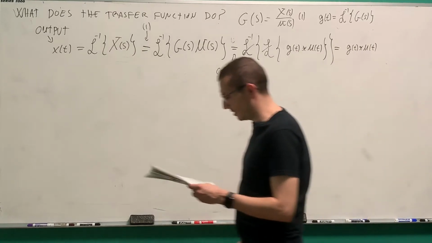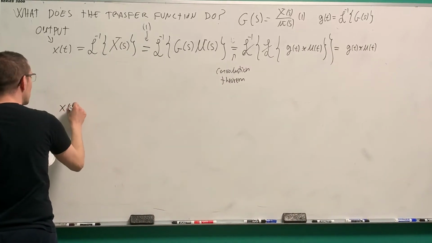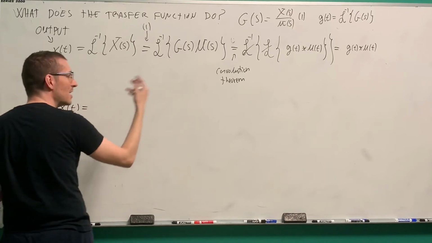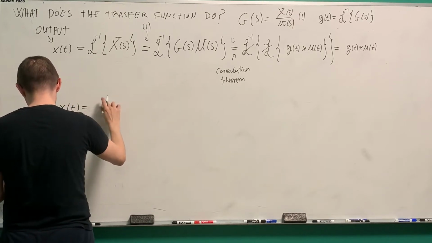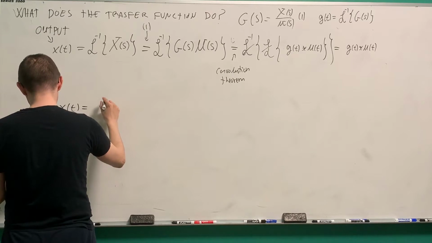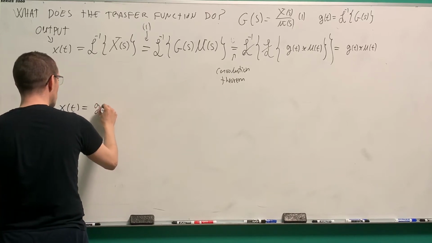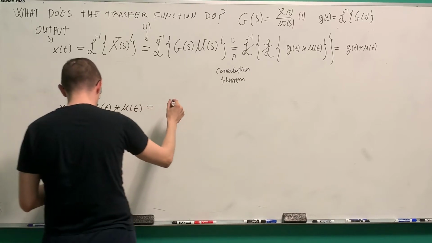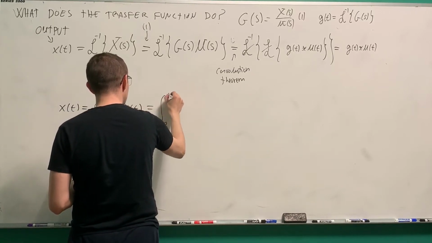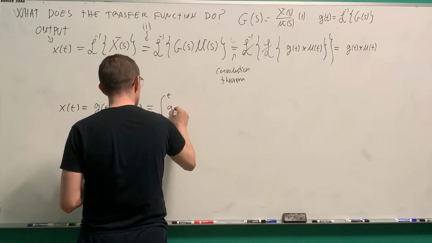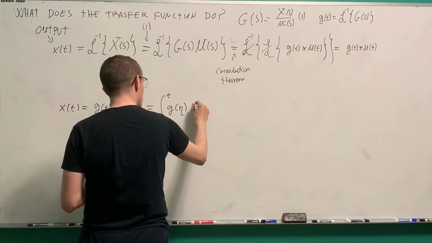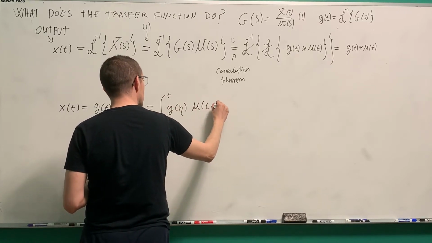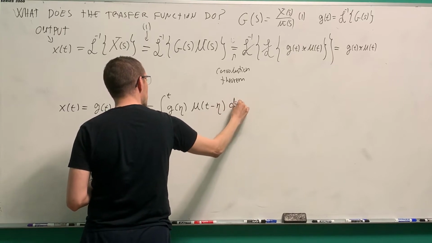So let me write it here. X of t, the solution to your system given an input u of t, this thing is exactly equal to the convolution of g of t with u of t. Or in other words, it's an integral, the integral from 0 to t, because they're causal functions, g of eta, u of t minus eta, d eta.